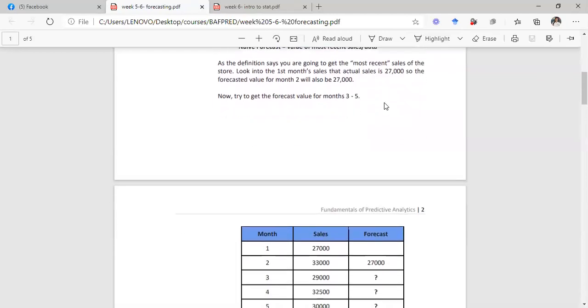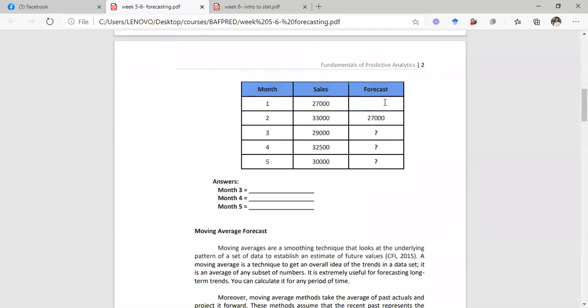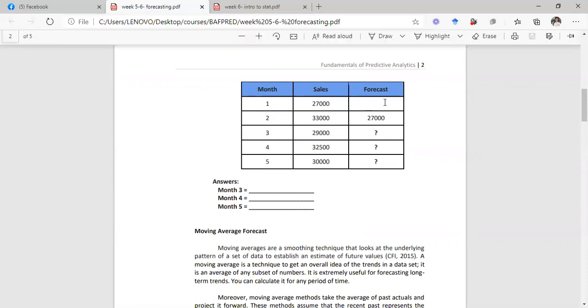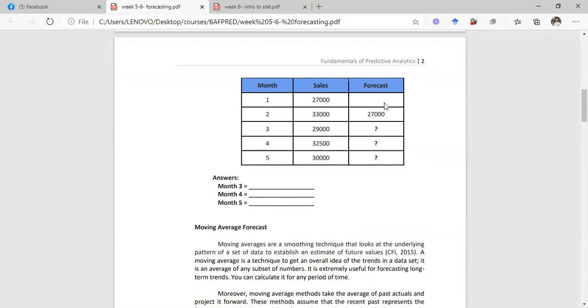So now try to get the forecast value for months 3 to 5. So the answer for month 3 is equal to 33,000, right?